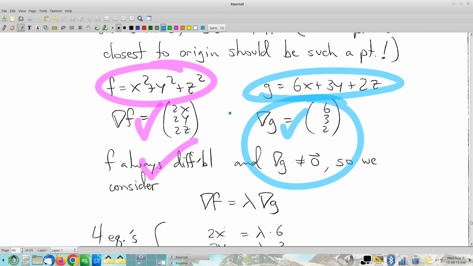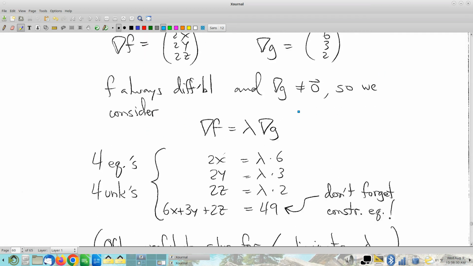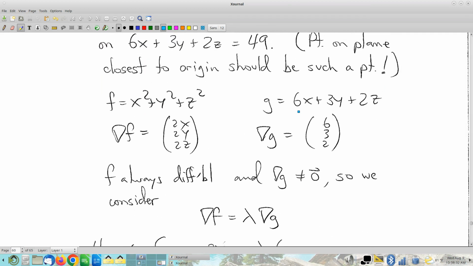For any value of x, y, or z, 6 will always be non-zero. Likewise, 3 and 2, of course. Okay. So we've checked conditions 1 and 3. By the way, real quick, most of the time your function is going to be differentiable and the constraint gradient will never be zero. Most of the time.